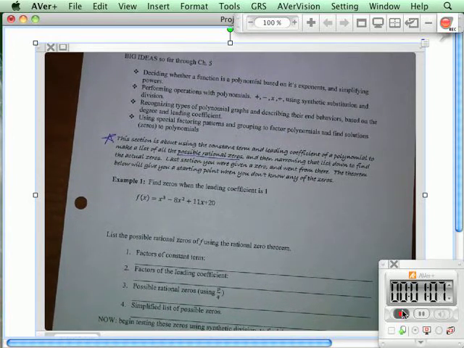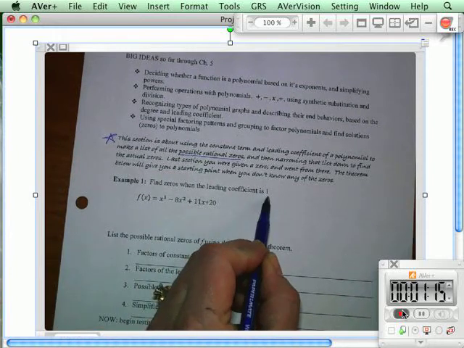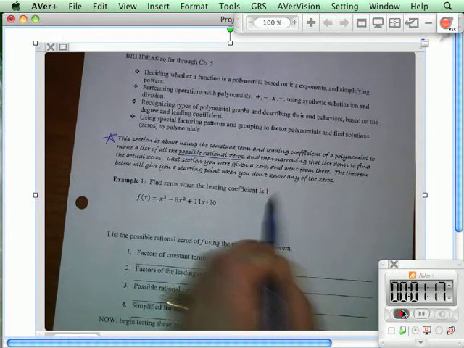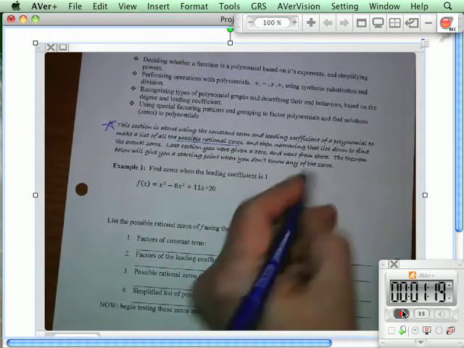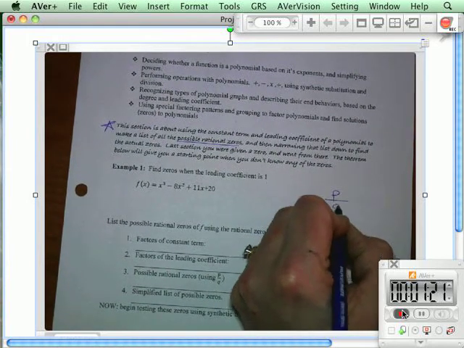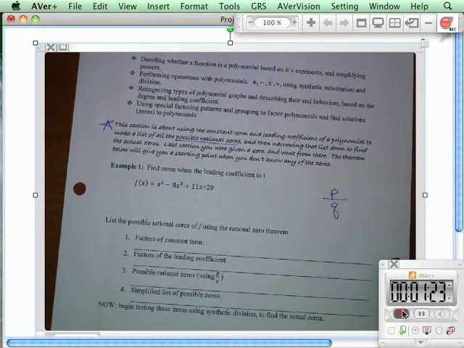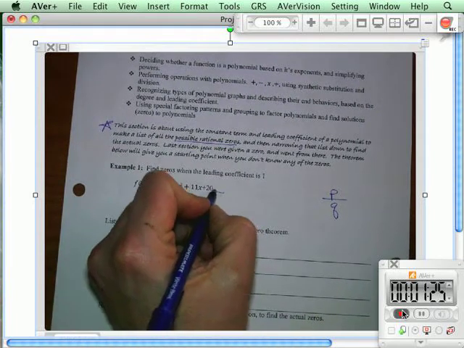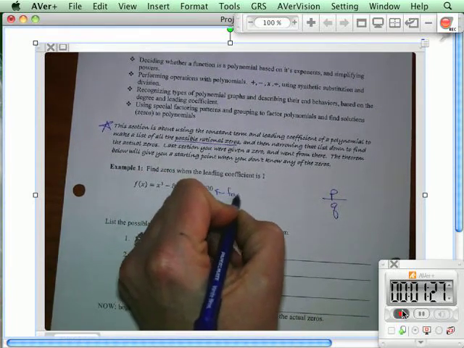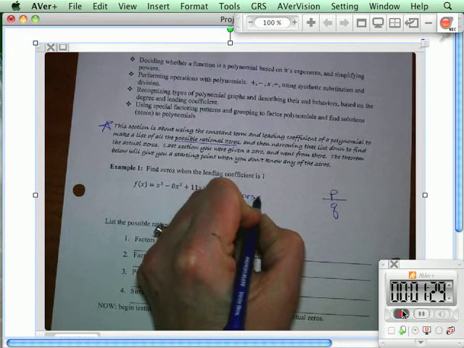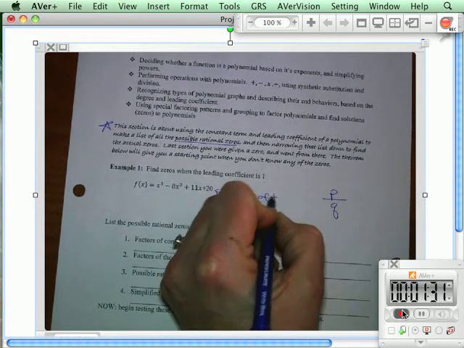It's called the rational zero theorem, and what you're doing is finding the zeros when the leading coefficient is 1. Basically all you do is use this little thing that summarizes down to P over Q. P is all the factors of the constant at the end of your polynomial.